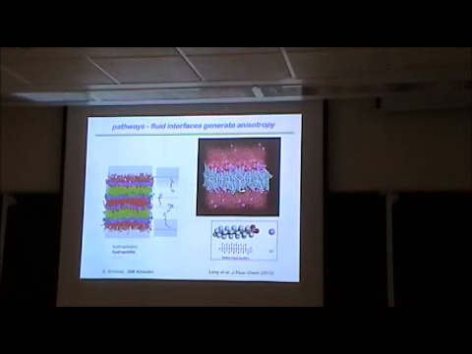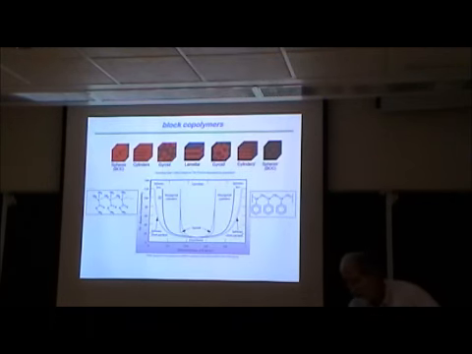This is a monolayer. So this is a single monolayer, but in a bulk phase this, for example, could be a section of a layer in a layered liquid crystal. Okay. So the interfaces drive liquid crystal formation.